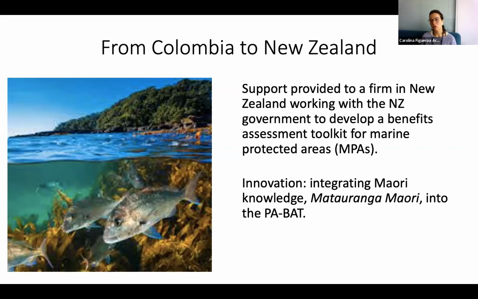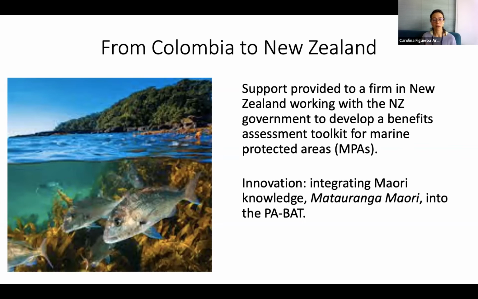And what does it mean? The Matauranga Maori, or the Maori knowledge, the Maori people have a very special way of understanding nature, understanding how people relate to nature, and how we are all interconnected in a very special way. And this made me think a lot on how in my country, in Colombia, indigenous people see the connection with nature.